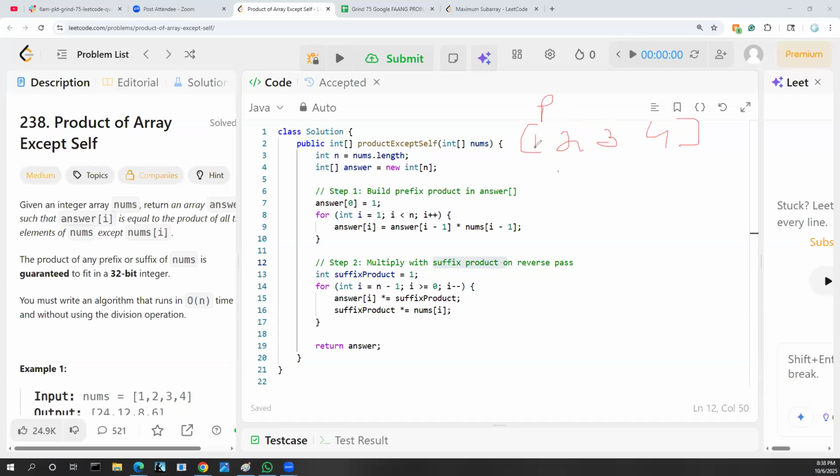For the initial prefix, I'm excluding this one, right? So right now I don't have a prefix, I'll take 1. And I'll compute all these as suffix, which is going to be 24. Next, my prefix moves here, and my prefix moves here.